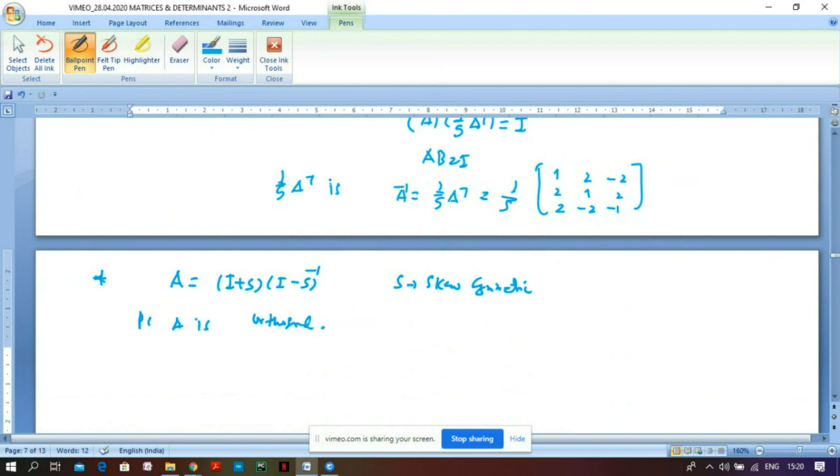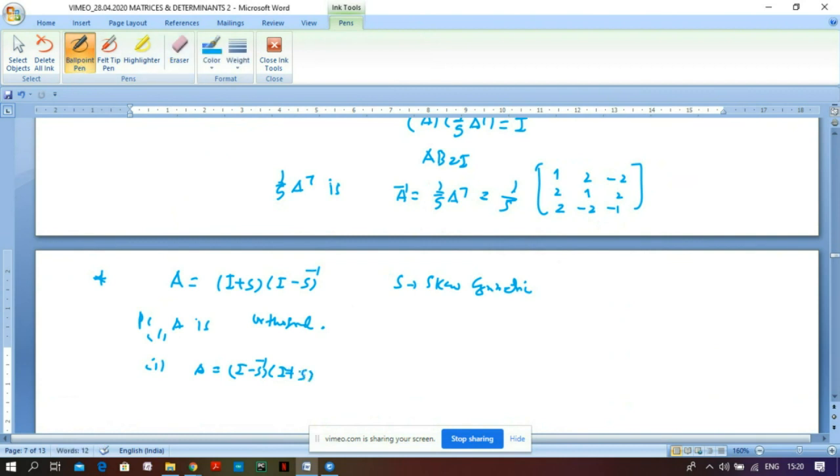The second part is that A equal to I minus S inverse times I plus S. Let me just rewrite it.